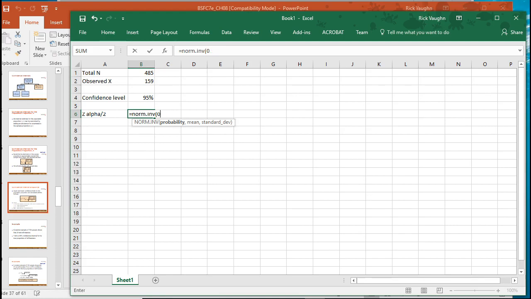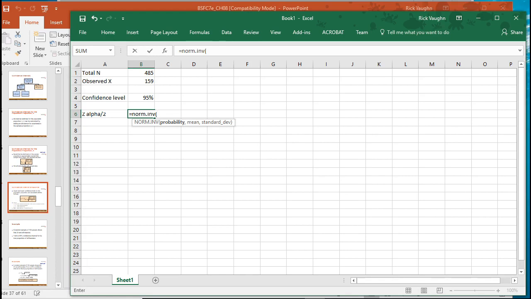Now, if you wanted to, instead of calculating this in my head, where did I come up with 97.5? We could also do something like this. We take 100% minus 95% to get 5%. We divide that by 2, and then we add it back to the 95%, for the left tail plus the middle part, to get the upper boundary.